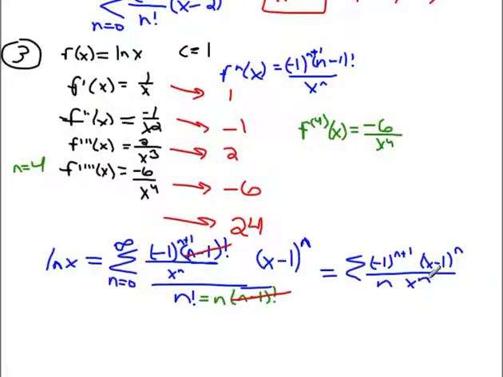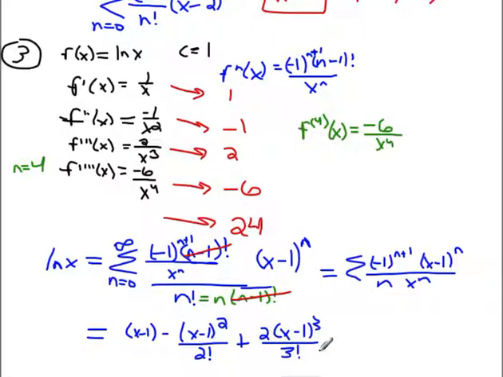The book also simplified this another way. So another way to do this, besides going directly from there to there, is to actually start writing out the terms, right? And go, okay, the first term would be x minus 1, and then you'd have minus (x minus 1) squared over 2 factorial, and the next one would be plus 2(x minus 1) cubed over 3 factorial, and then the next one would be minus 6(x minus 1) to the 4th power over 4 factorial.